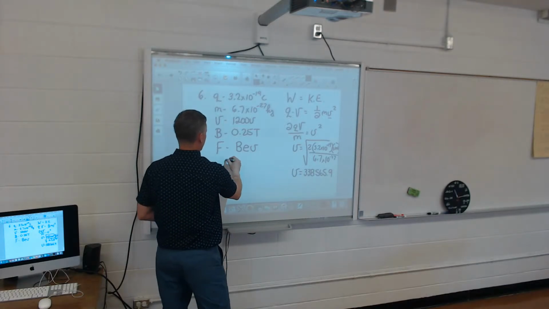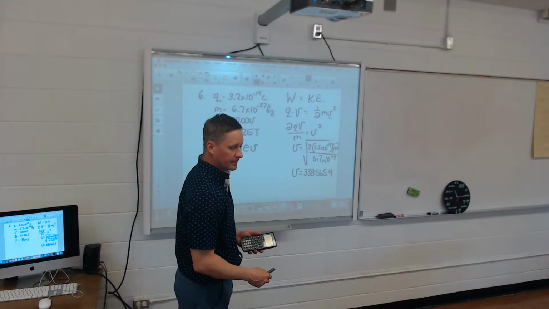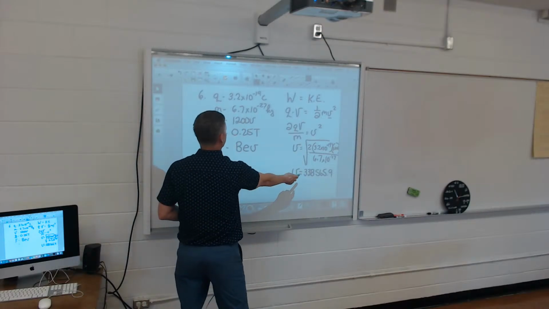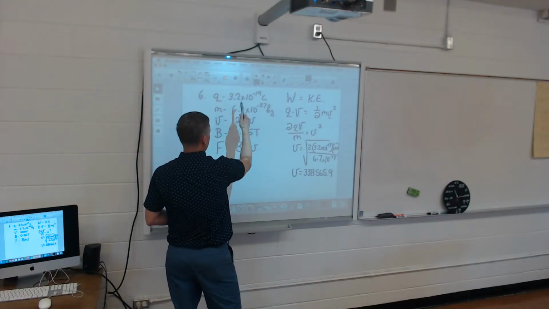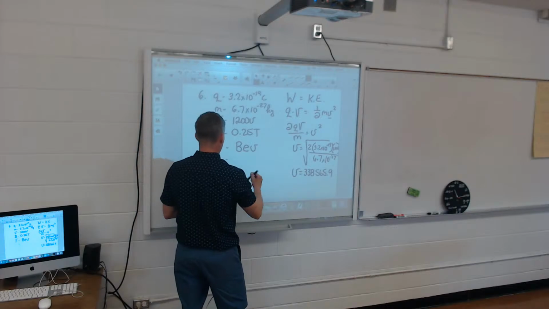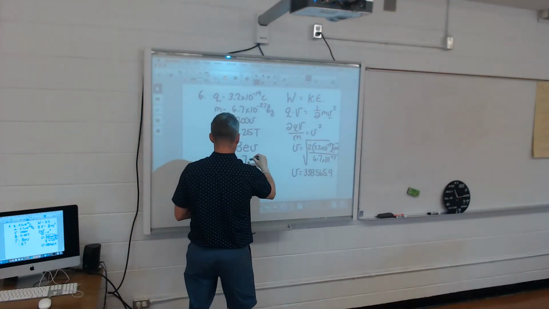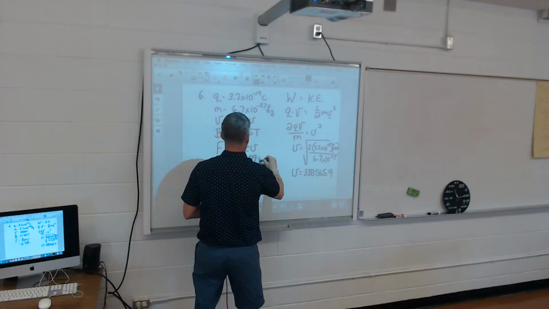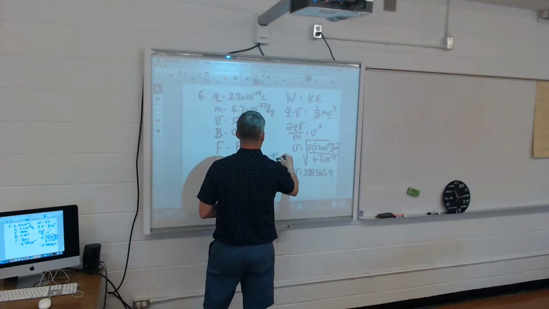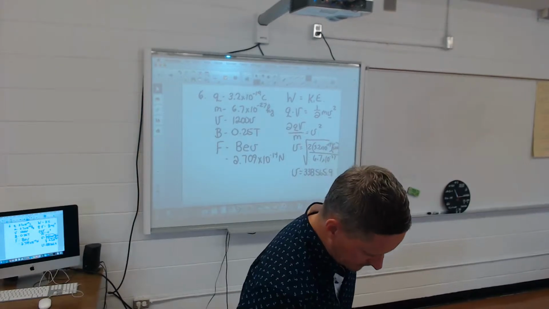So that goes in here. Is that what you got? Yeah. Okay, so now I'm going to multiply that by my 3.2 exponent negative 19 times 0.25. So the force I get is 2.709 times 10 to the negative 14 newtons, which is what we get there, don't we?